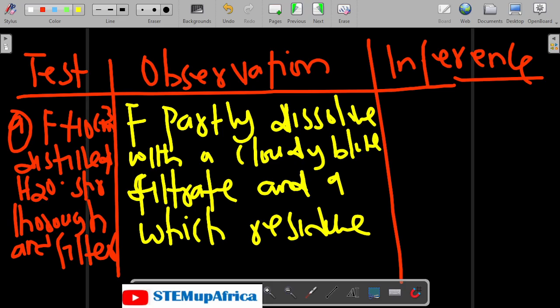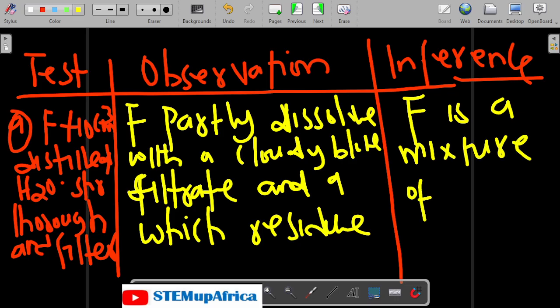So what can I conclude? I can say F is a mixture of two sorts. So that is question A.